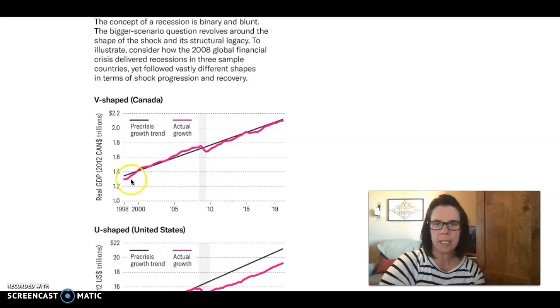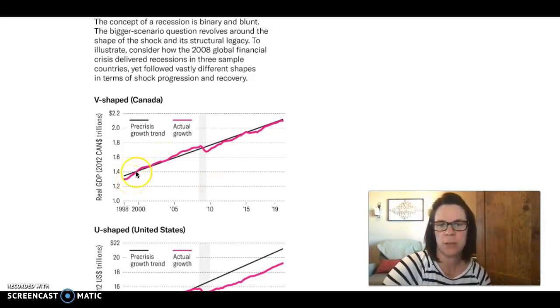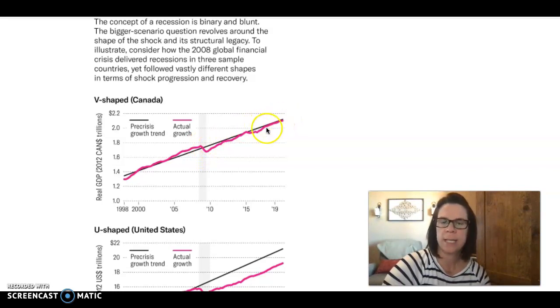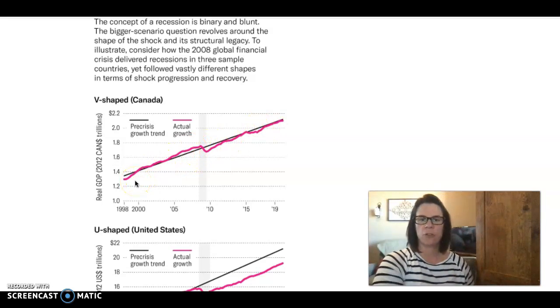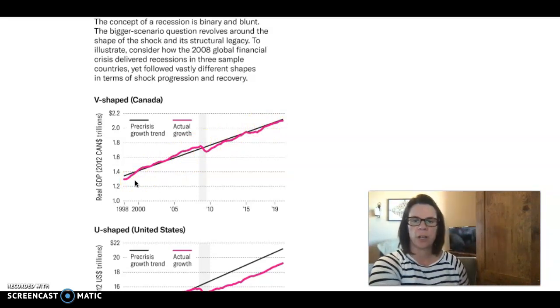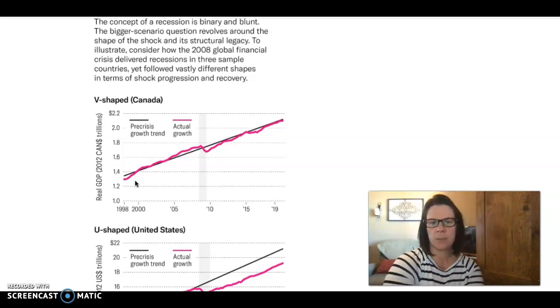Canada experienced a V-shaped economy in 2008 or shortly after, where it hit a high, it dropped, and it came back up. And when I say it came back up, it came along this growth trend. That's the black line, their growth trend that they want to continue to grow their economy because that's one of their goals. But the actual growth is in that pink or the red. So Canada experienced a V-shaped economy.